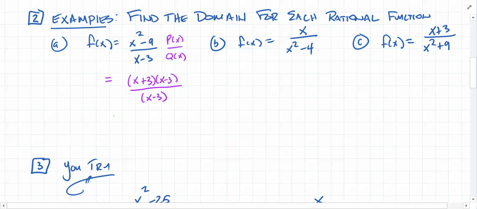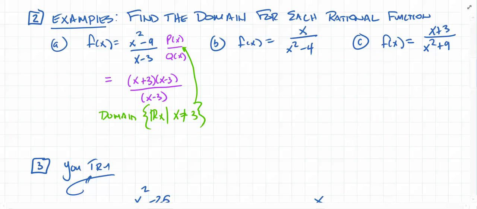So the domain for this one is going to be all real numbers x, such that x cannot be 3. Alright? And the reason is because you have to revert back to the original rational function. So even though you can factor and cancel because there is a product of 1, you have to apply it to the original function given. So in this case, it would be all real numbers such that x is not equal to 3.